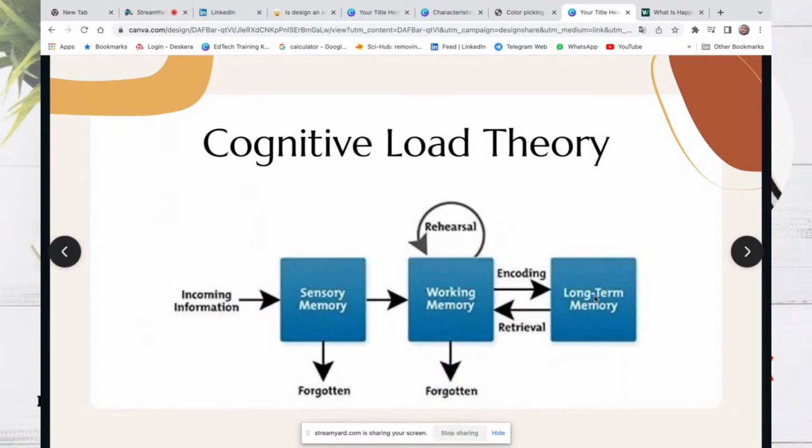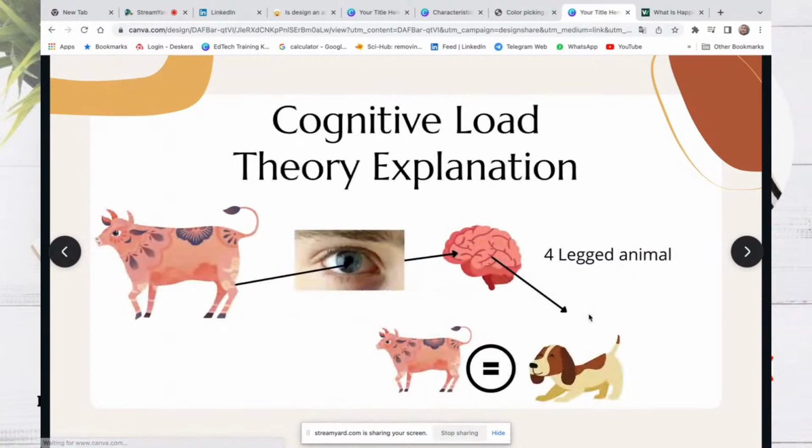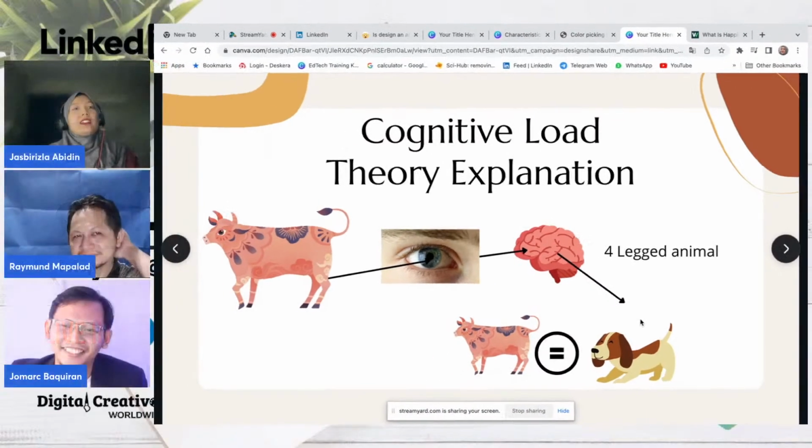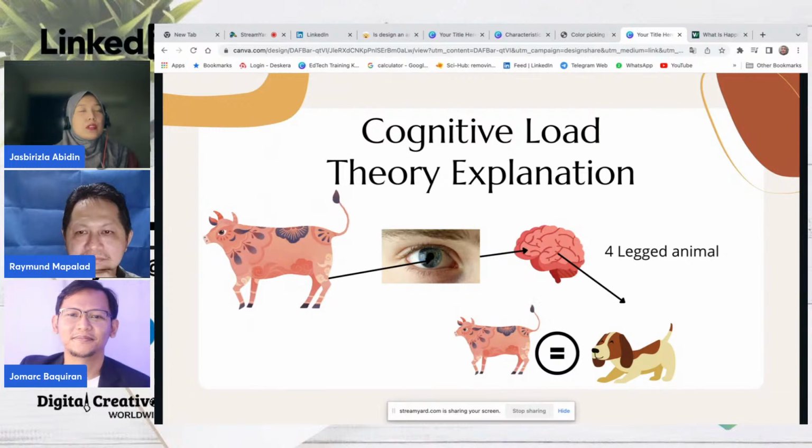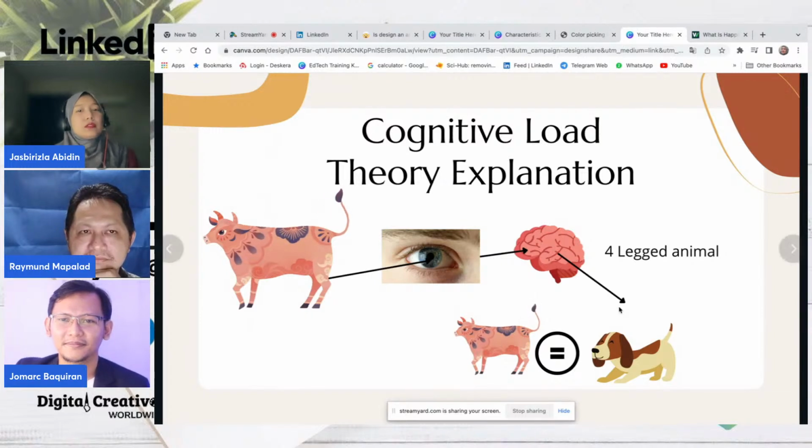So this is what the theories talk about. My boy named Emil always equates any four-legged animal to a dog. So he saw a cow, and he said, "You know what? It's a dog." Eventually, if you're a novice learner, you try to use whatever information you have in your long-term memory.